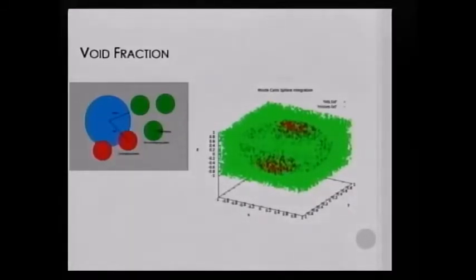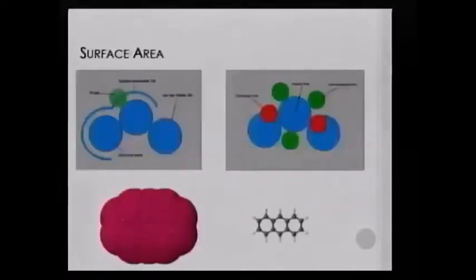This information can be useful when you want to compare different materials or compare your configurations to the literature, for example. The next topic is surface area. How do you estimate the surface area of molecules or porous structures and so on?